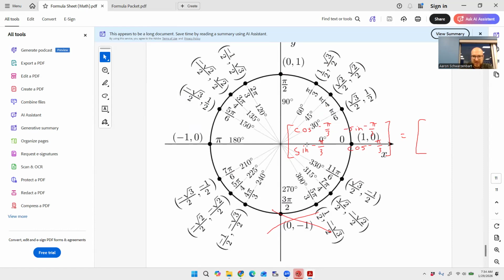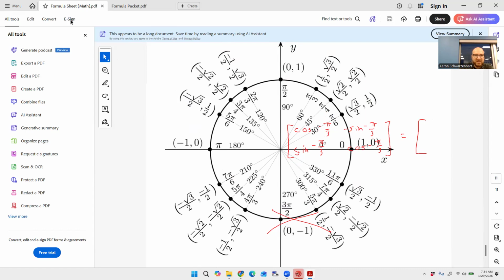Negative pi over 3 being the same as pi over 3, the cosine is still 1/2. The sine is negative square root of 3 over 2, and the negative in front of the sine means the two negatives cancel and become positive. So it's the same as the one that we did above it, but we just ended up switching those two signs.